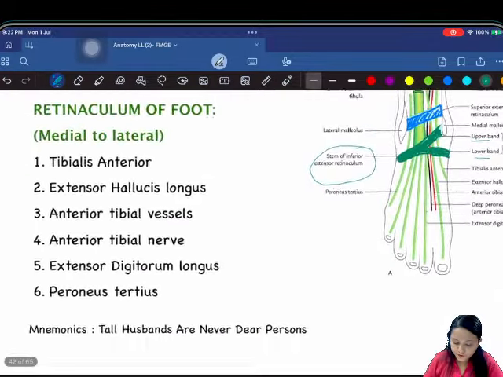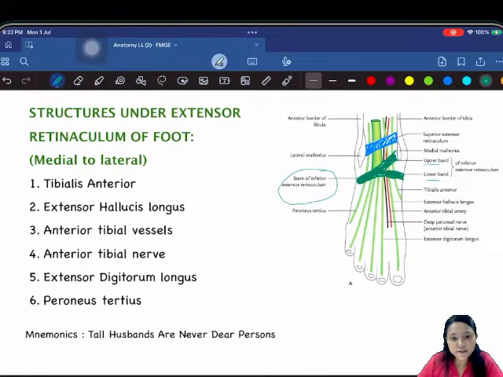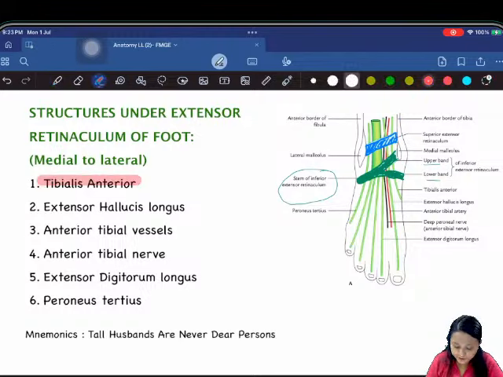Now, what are the structures passing under the extensor retinaculum? So, these are the tendons of the muscles from the anterior compartment, right? So the muscles of the anterior compartment, you know that there is tibialis anterior. You have tibialis anterior.